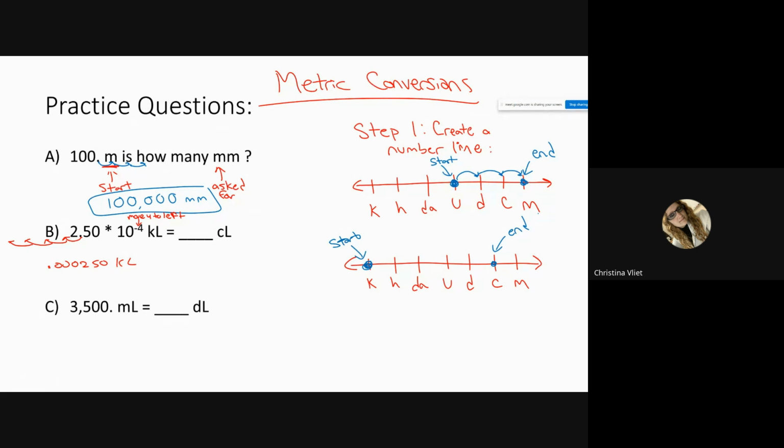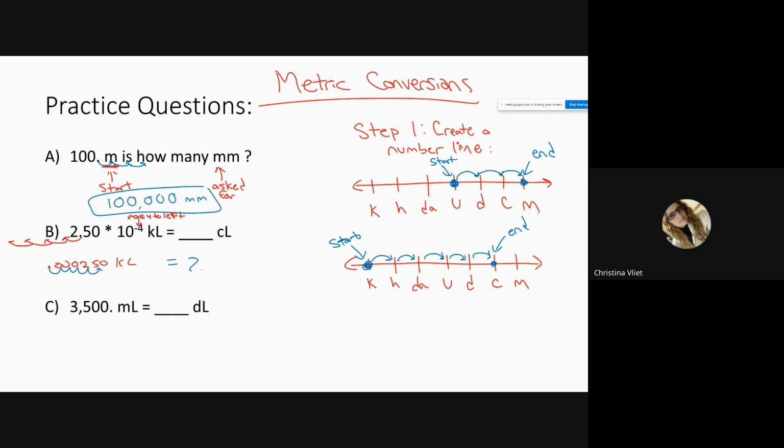You just need to know where you're gonna start and where you're gonna end. So to go from kilo to centi, how many spots are they away from each other? 5, right? So if they're 5 spots away from each other, we also move our decimal 5 spots in the same direction. So it would be 5 spots to the right.